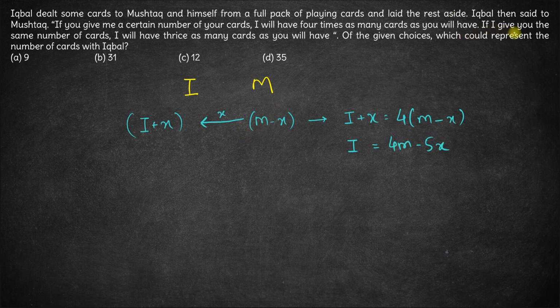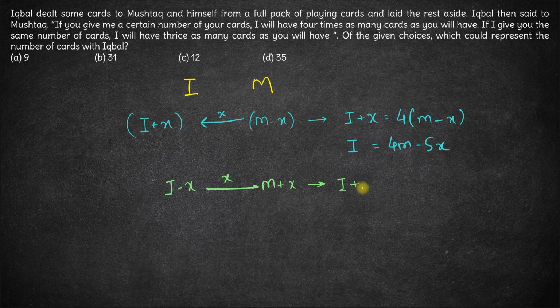But if, Iqbal says to Mushtaq, instead of you giving me, I give you X cards, so Iqbal will have I minus X and Mushtaq will have M plus X cards. Now in that case, Iqbal will have thrice as many cards as Mushtaq.